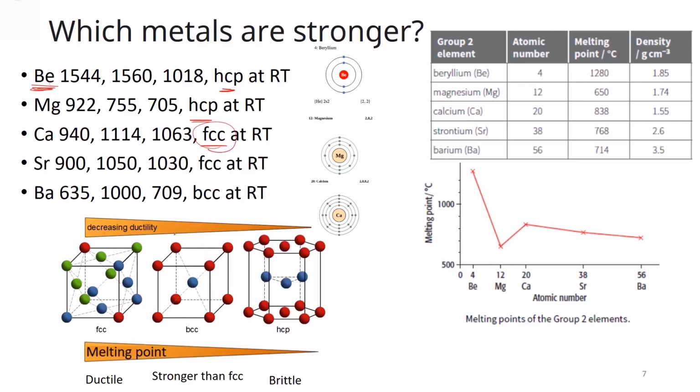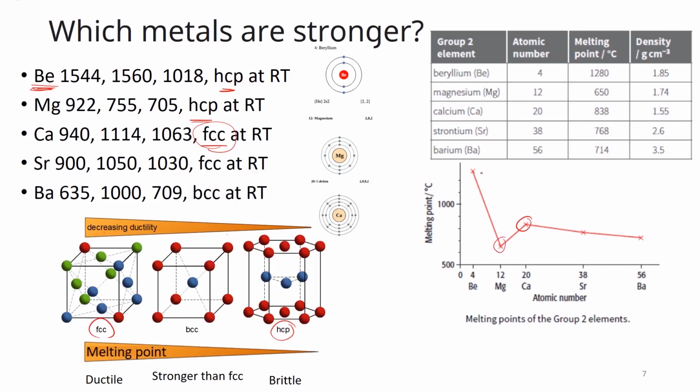So here, I have decreasing ductility and also decreasing melting point. So I expect the FCC to have a higher melting point than the HCP, and this is actually what happens, because calcium here is face-centered. This is why it has a higher melting point than magnesium, which is actually a hexagonal close pack.